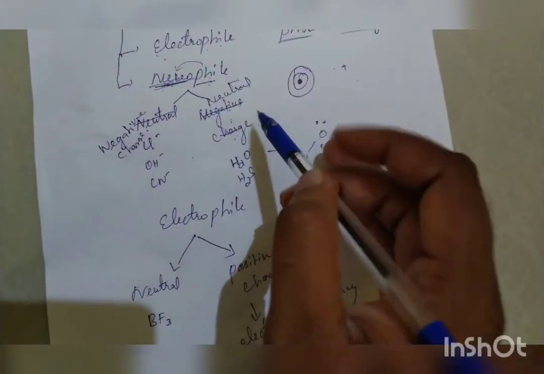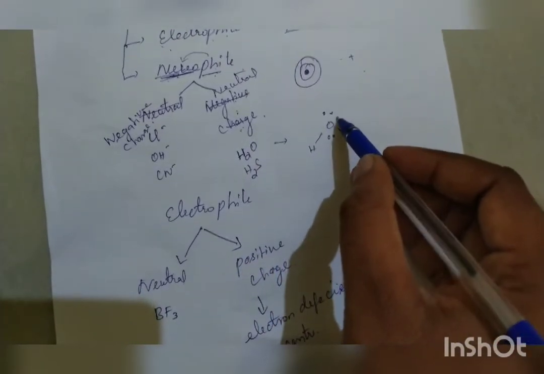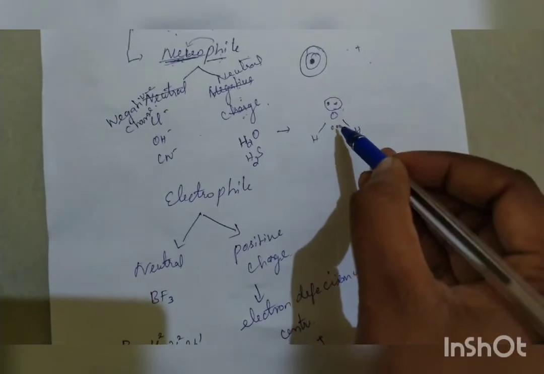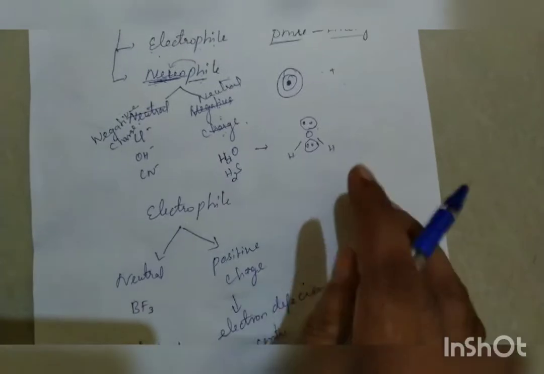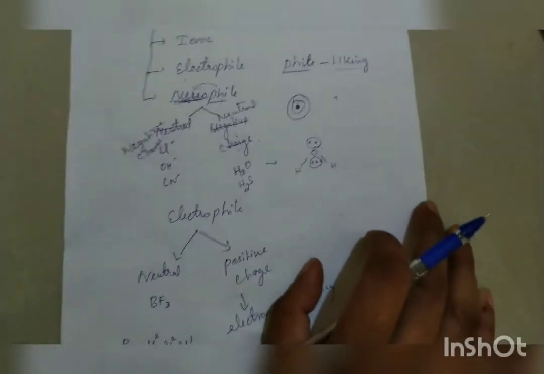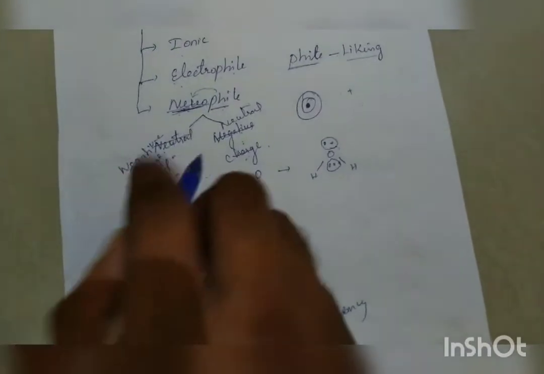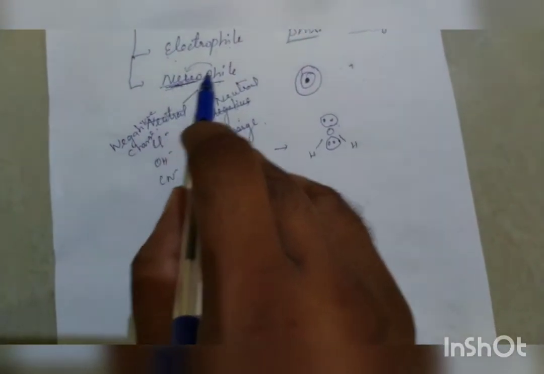Neutral also has electrons: suppose we can see the lone pair of electrons. It is also an electron rich species. This is called a nucleophile.